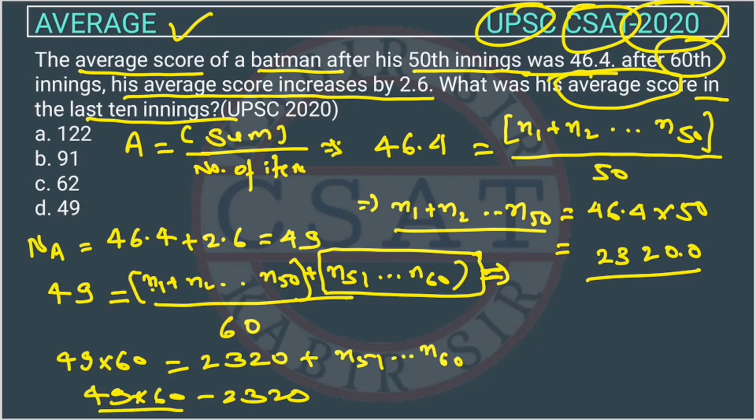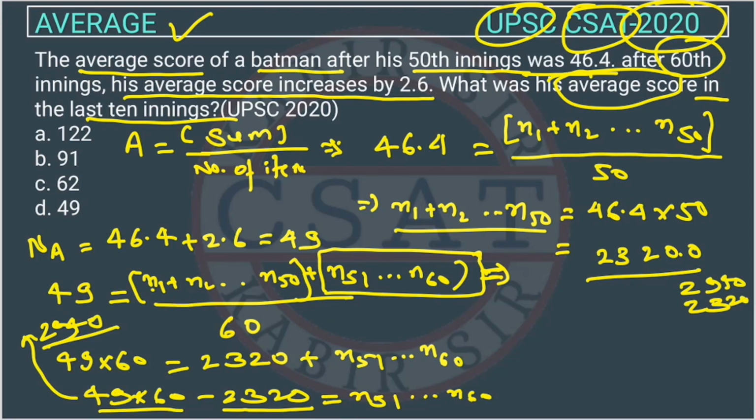Multiplying, 49 into 60 is 2940, so 2940 minus 2320 will be 620.